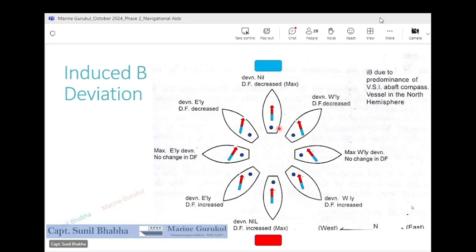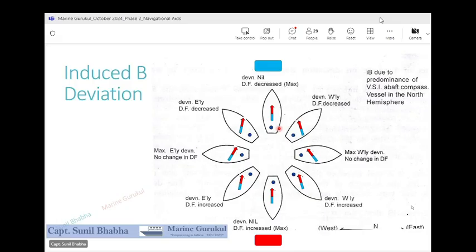And as we just now discussed, that out of all the vertical soft iron structures, the funnel has the largest structure, the maximum amount of steel which is used in the funnel as compared to the mast, the crane. Also, funnel is having the biggest size among all the vertical soft iron structures on board.